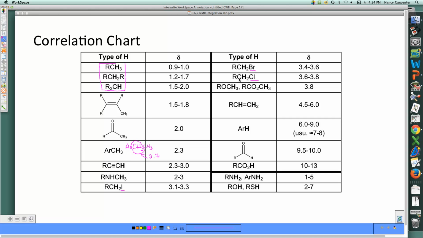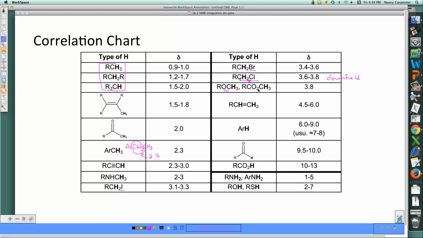There's a big old bond dipole here. And that's exposing the nucleus to more of the external magnetic field. Therefore, it's a larger delta E spin and a bigger frequency downfield due to that electronegative pull by these electronegative elements.